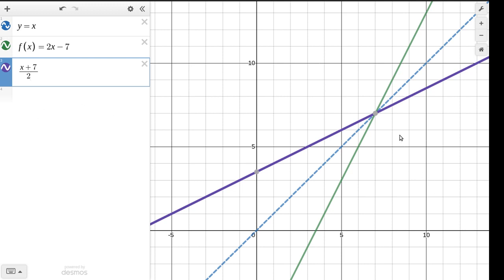Notice something that happens with these lines. When an inverse takes the domain of one function and turns it into a range, so it's taking all the x values for this green function and saying those are now your y values. And it's taking all the y values for this green function and saying they're now your x values. Well, that mirrors this across this line here, our line of y equals x.